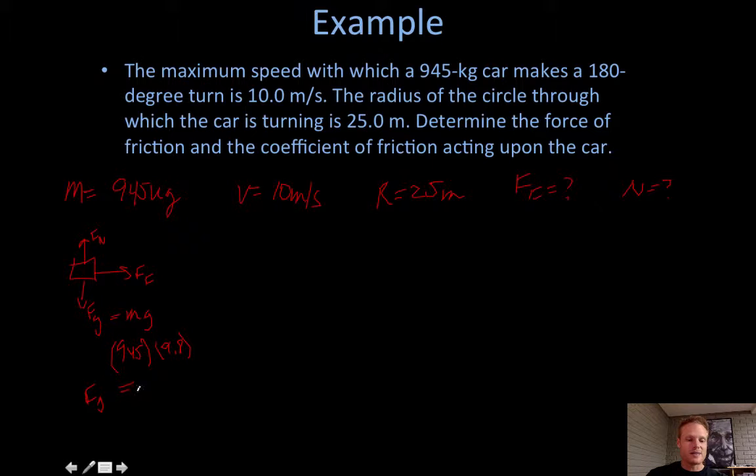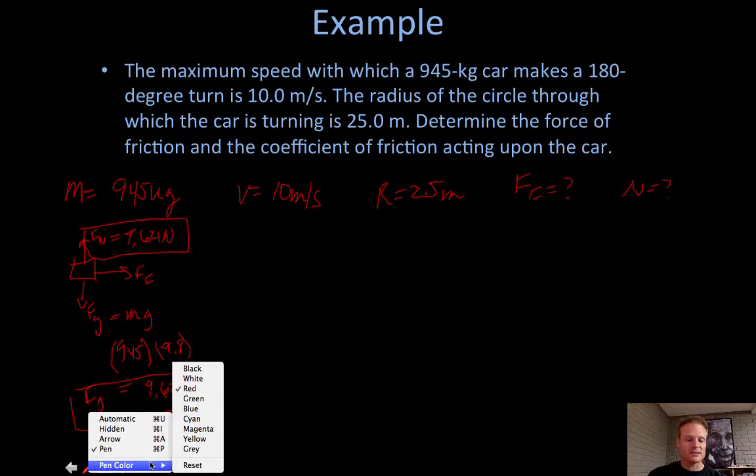If you do that math problem, I get a force of gravity of 9,621 newtons. Since there's no other forces in the downward direction, this force must be balanced out by the normal force. If it wasn't, then the car would be accelerating either up or down depending on what direction the net force was in the vertical direction. So my normal force must also be 9,621 newtons.